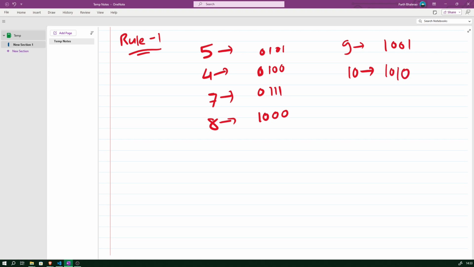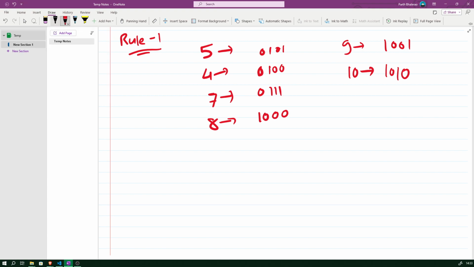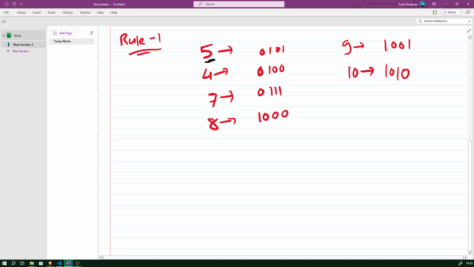Based on these observations, what conclusion can we draw? If a number is odd, then every odd number ends with bit 1. See, 5 ends with 1, 7 ends with 1, 9 ends with 1.